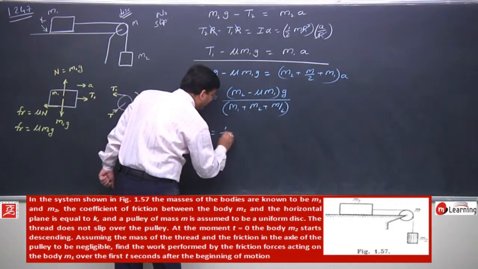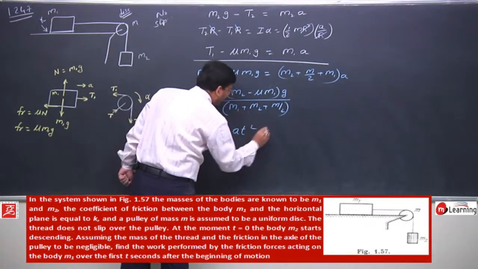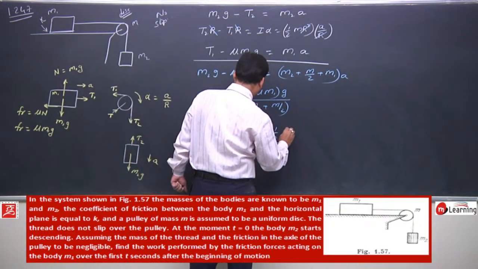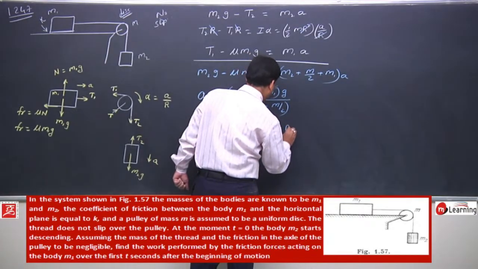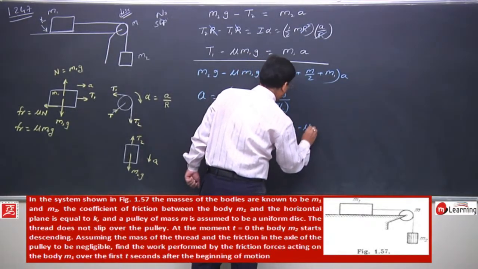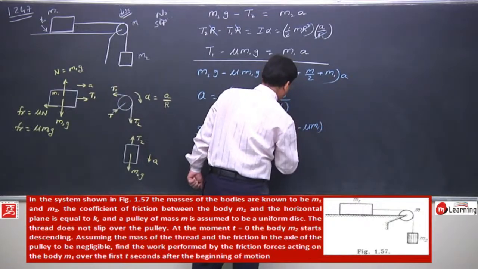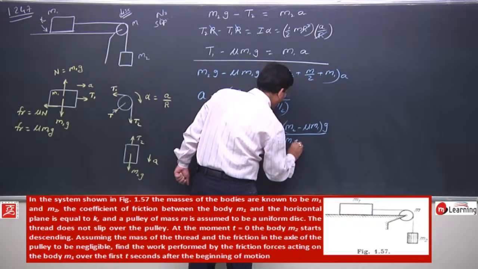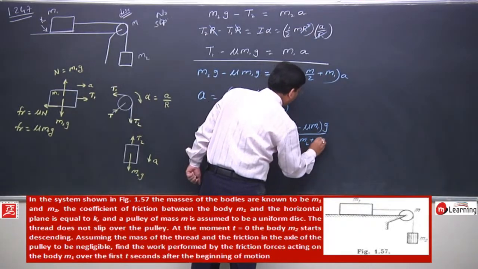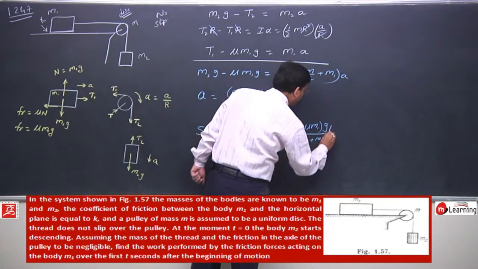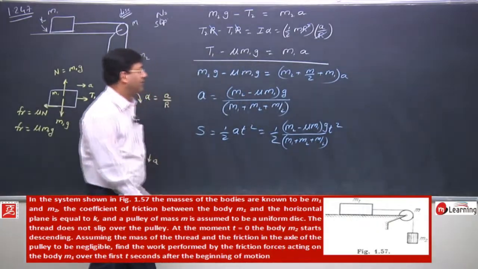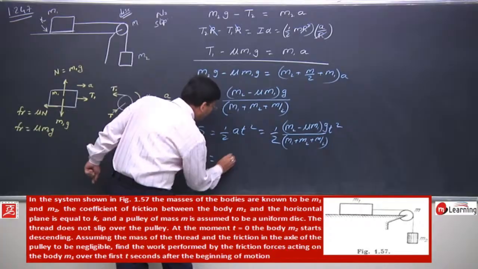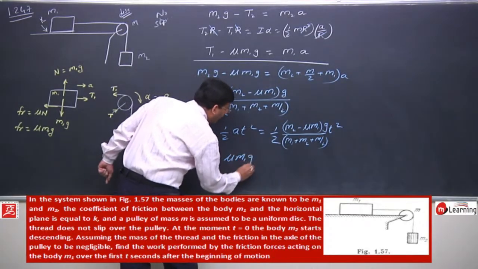Displacement s is half a t square, or half for acceleration I'll write m2 minus mu m1 into g by m1 plus m2 plus m by 2 into t square. Frictional force is mu m1g.